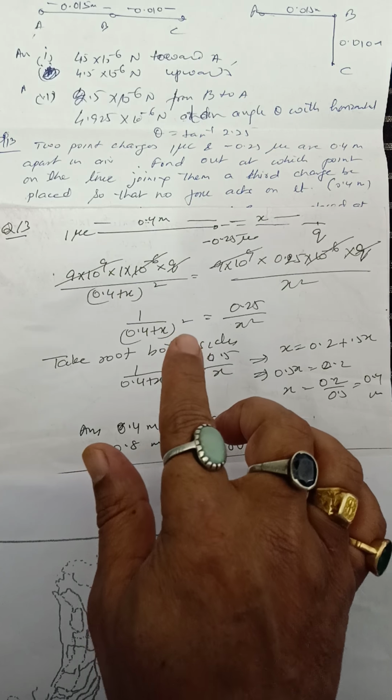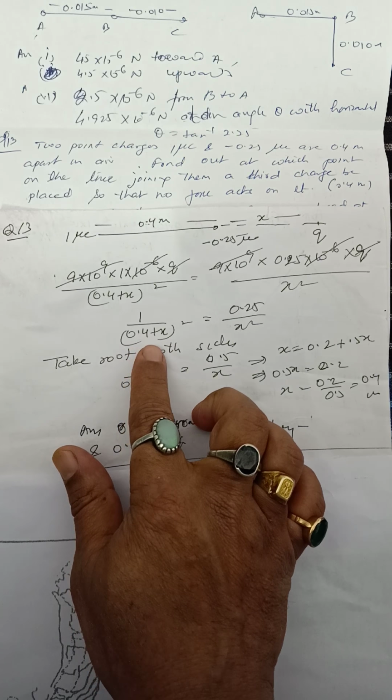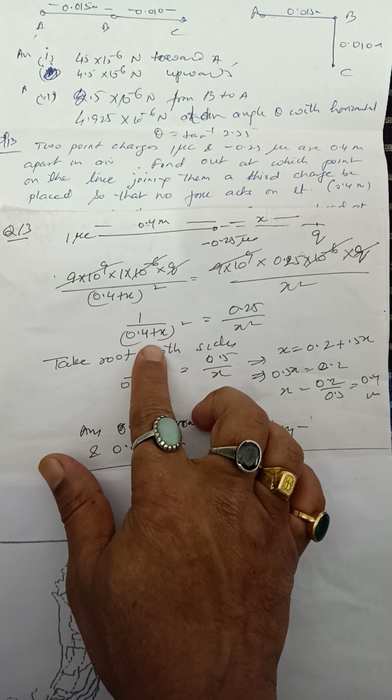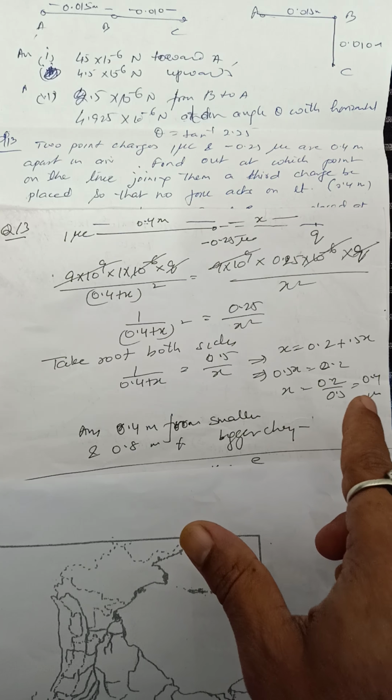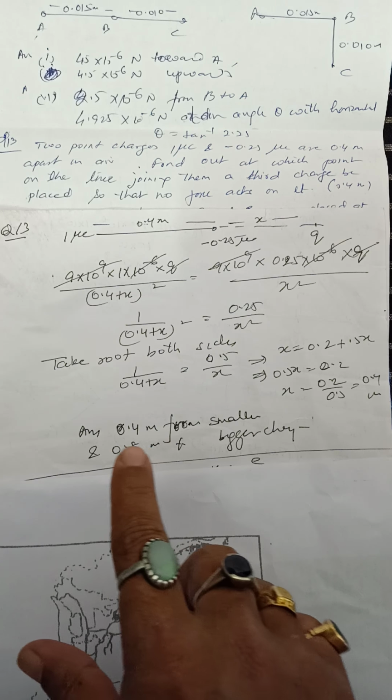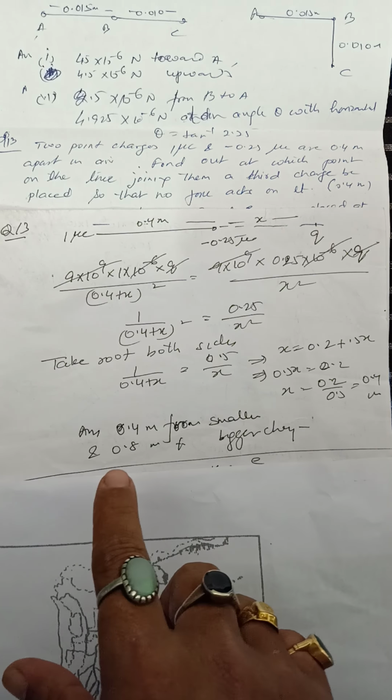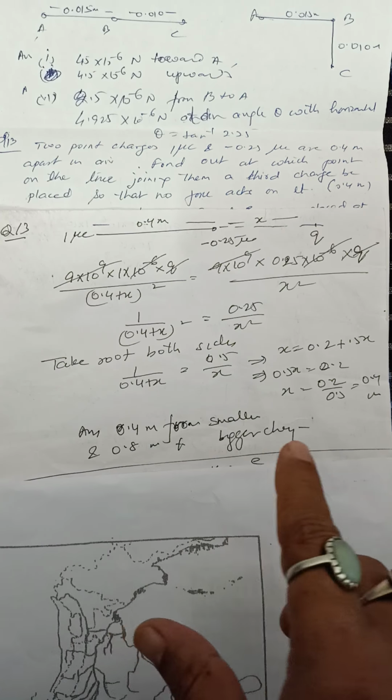Now do not open the bracket, because then it will become a quadratic equation. Just take a square root both sides. It will become 1 upon 0.4 plus x. On the right hand side, 0.25 under root is 0.5 upon x. Now cross multiply, we get the value of x is 0.4 meter. So 0.4 meter from the smaller and 0.8 from the bigger.